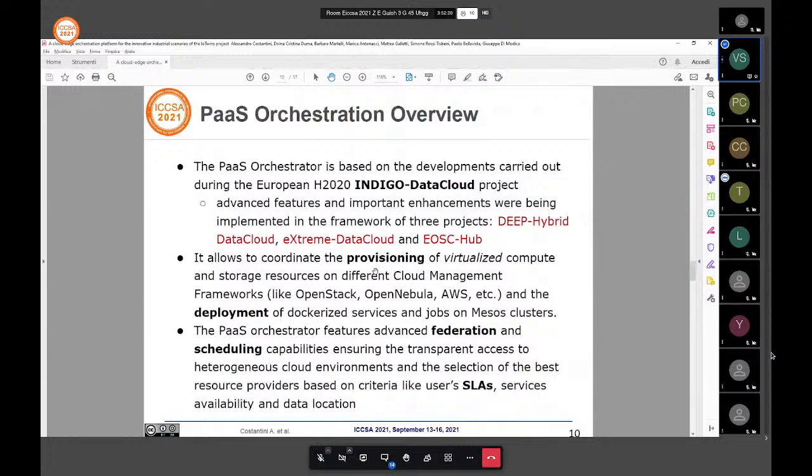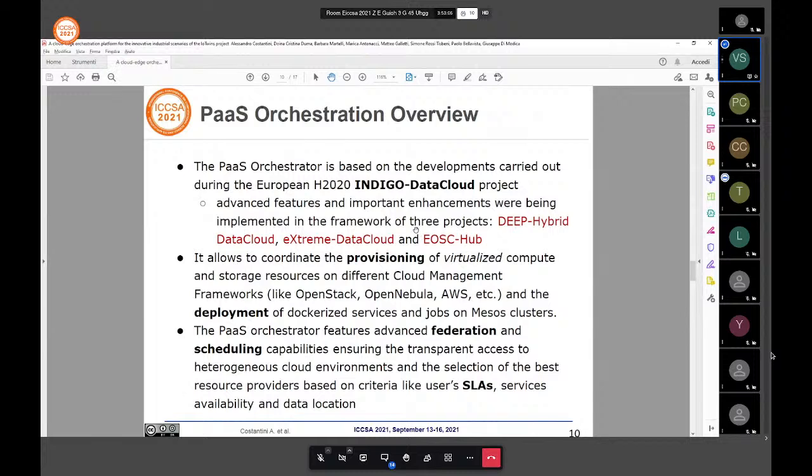The orchestration layer, the cloud orchestration layer. So we have this PaaS orchestrator, which has also been developed during the project that you can see in red, and is aimed at provisioning virtualized compute and storage resources from different cloud frameworks, based on service level agreement criteria for the user.